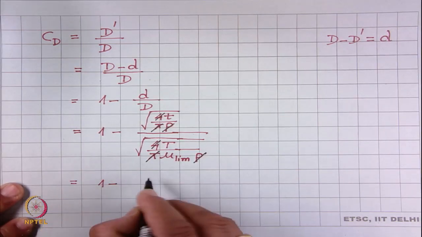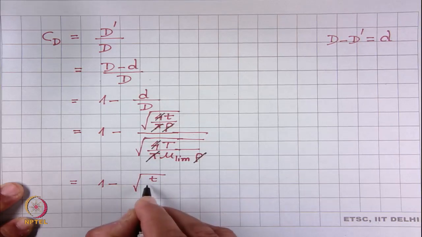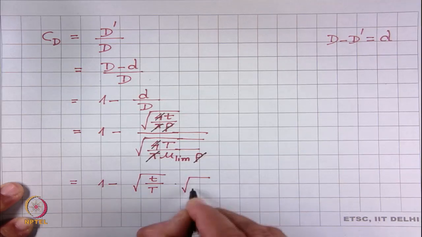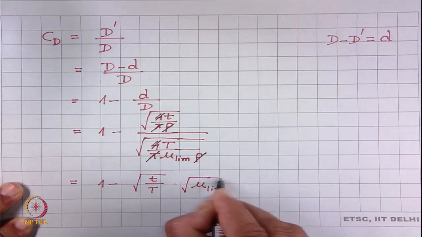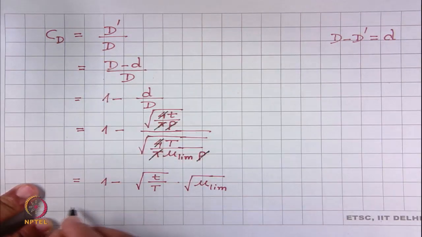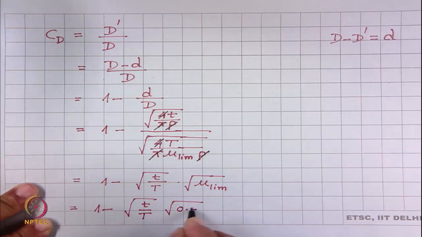As a result we find 1 minus root over this into mu limit. Now, if we substitute the value of mu limit, 0.91, then we obtain 1 minus root of small t by capital T into 0.91.